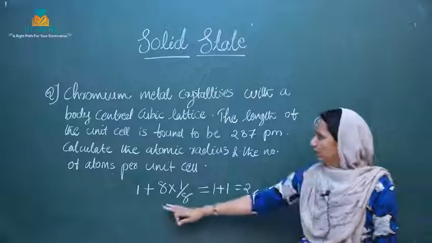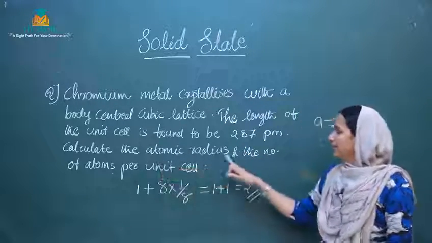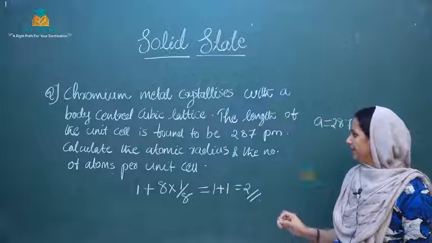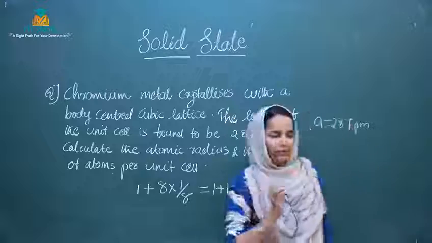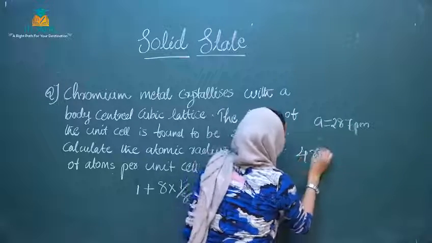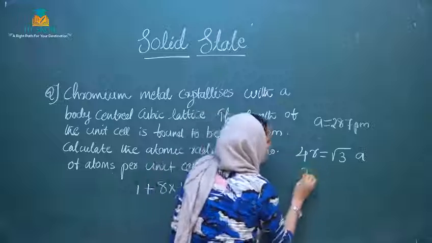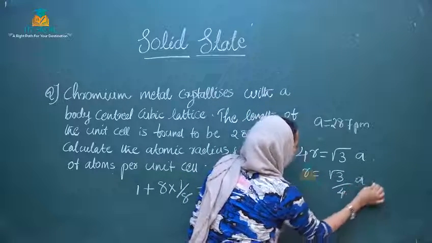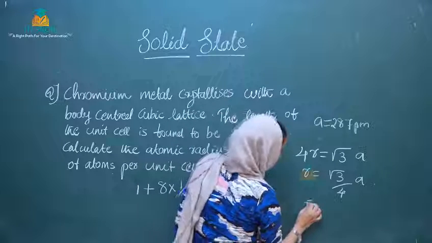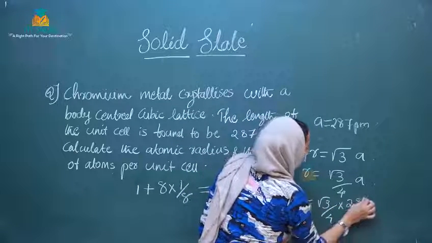Here we have to calculate the atomic radius. You know, in BCC structure the body diagonal 4r is equal to root 3 a. So r is equal to root 3 by 4 a. Just simplify root 3 by 4 into 287.